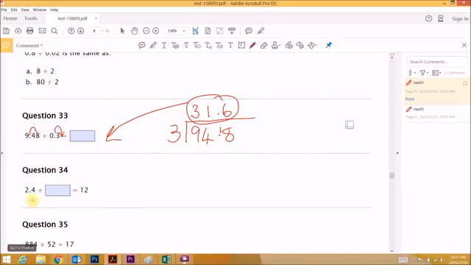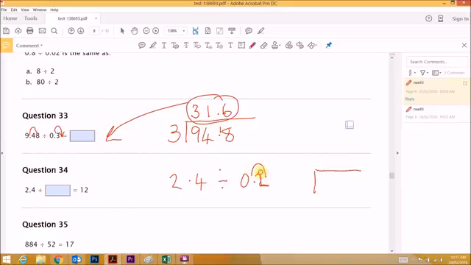Here, I need to find a number that I can divide 2.4 by to get the answer of 12. So my thinking is that if I divide it by 0.2, I should get the answer. So let's try it here.